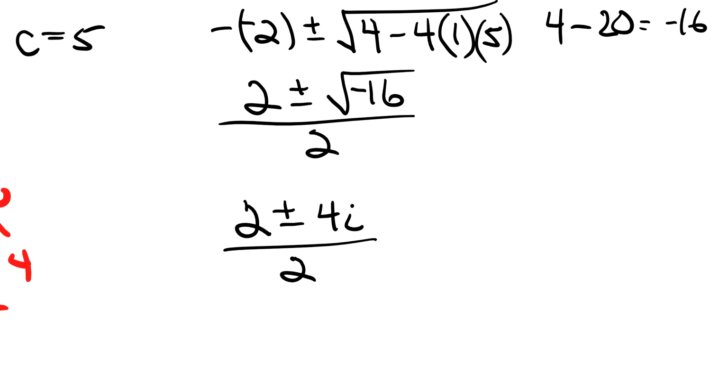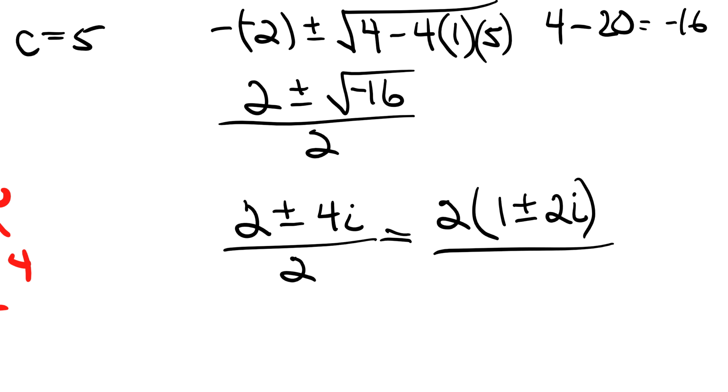And then we can simplify this. Let's factor out a 2 from the 2 plus or minus 4i. What's left over? 1 plus or minus 2i, all over 2. This is the other factoring way of simplifying.